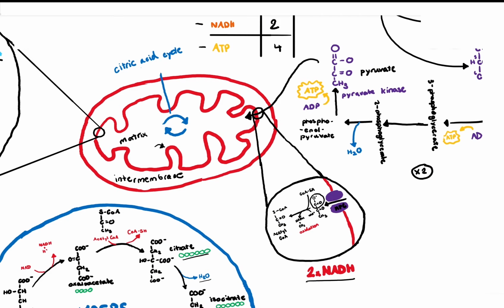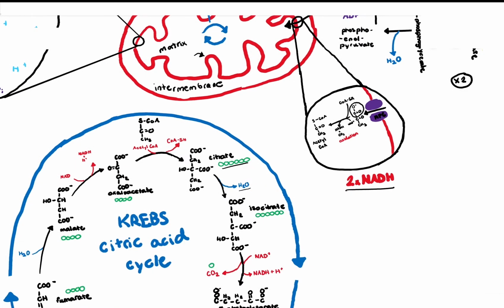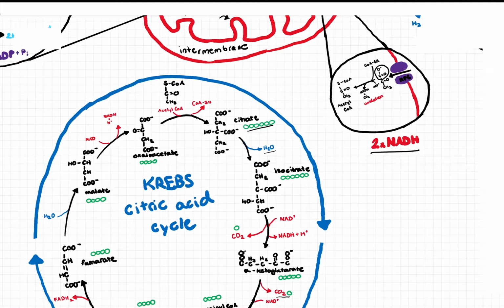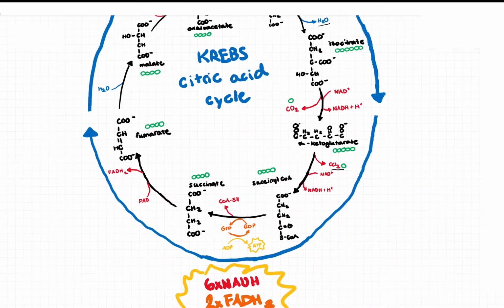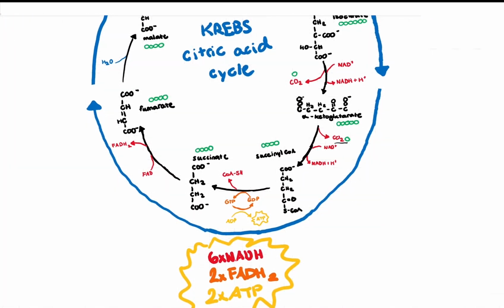So it turns the pyruvate into acetyl-CoA, which is used in the Krebs cycle to produce NADH and FADH2. Now, this Krebs cycle also produces 2 ATP, and the specific numbers for NADH and FADH2 are 6 NADH and 2 FADH2.